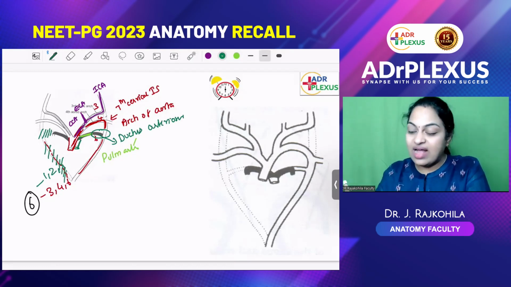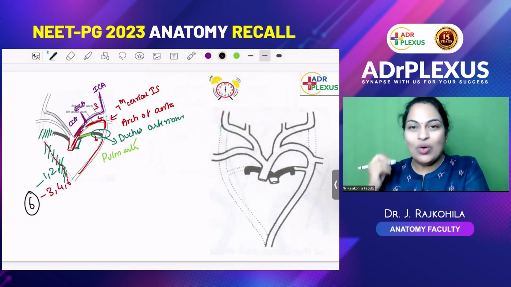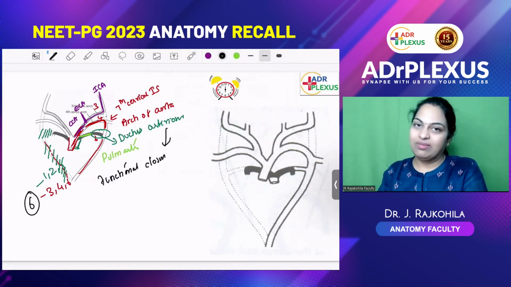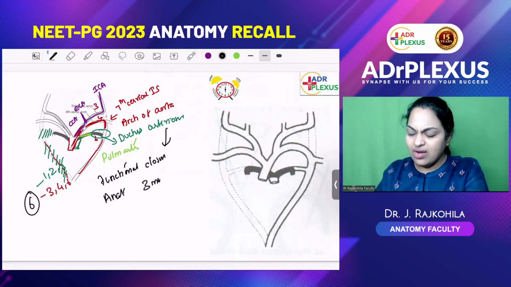So this ductus arteriosus, when is it supposed to close? Soon after birth, right? The functional closure of ductus arteriosus occurs immediately after birth, and the anatomical closure occurs around 12 weeks, isn't it? So this is the ductus arteriosus.